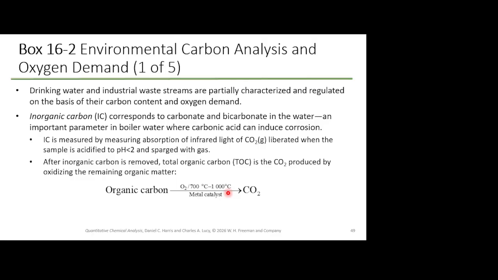Now, one of the major things that you're going to see in terms of environmental and EPA standards chemistry is that drinking water and industrial waste streams will oftentimes be partially characterized and regulated based on their carbon content and oxygen demand. And part of that's because life in those streams requires oxygen, and the carbon changes that oxygen level.